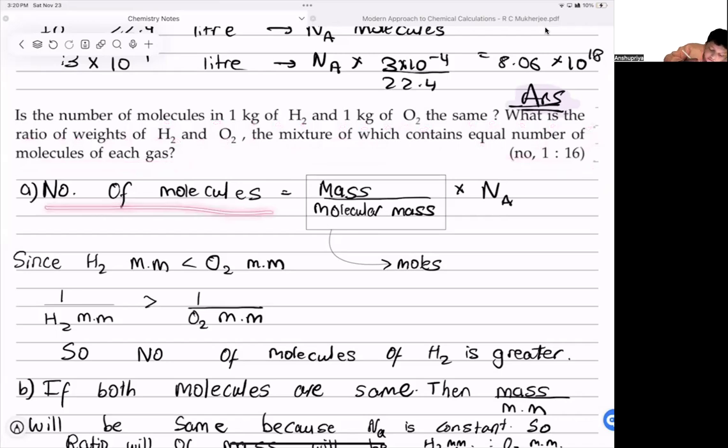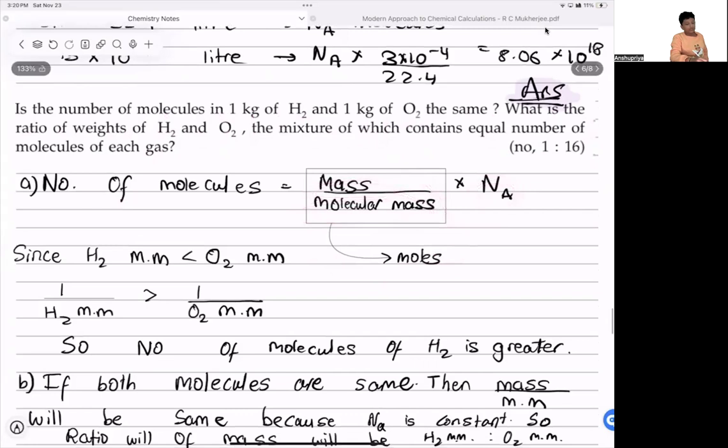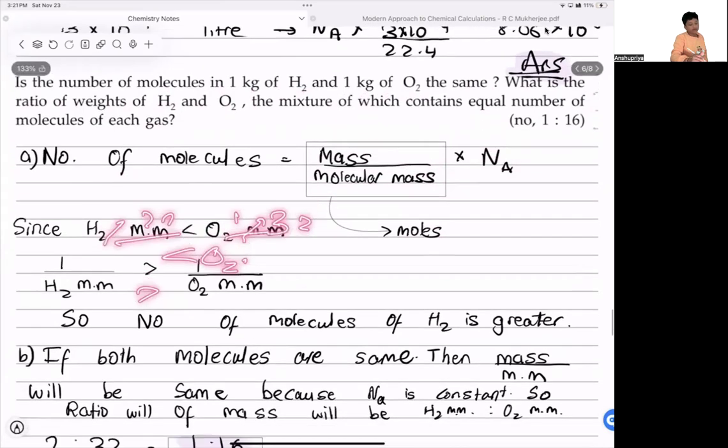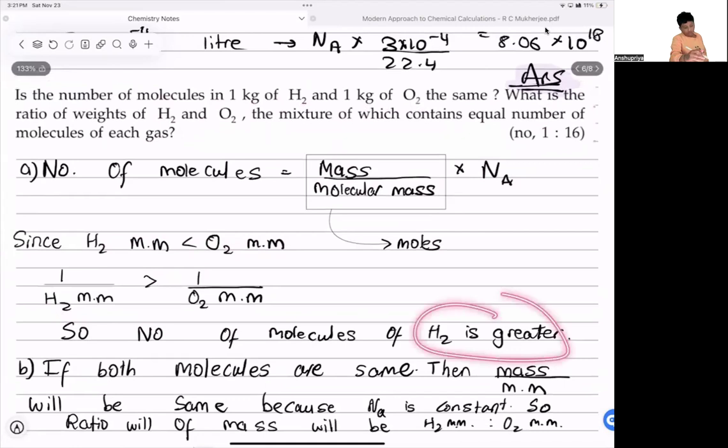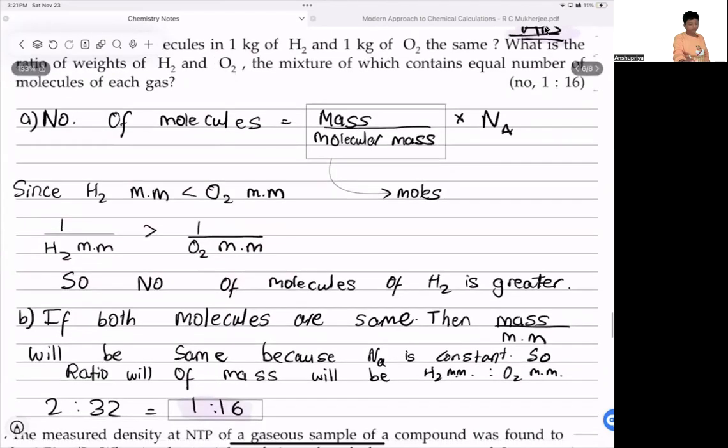So what is the number of molecules? Mass upon molecular mass into Na, where this is moles. So since H2 molecular mass is less than O2 molecular mass, because this is 2, this is 32, then we will inverse it and we will get opposite sign. So this will be true. So then, since this is true, H2 number of molecules will be greater.